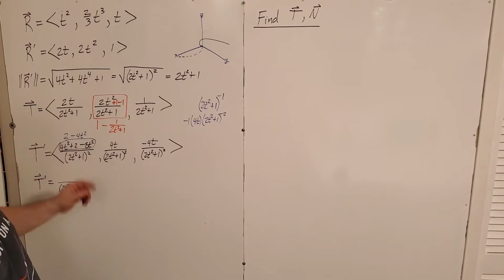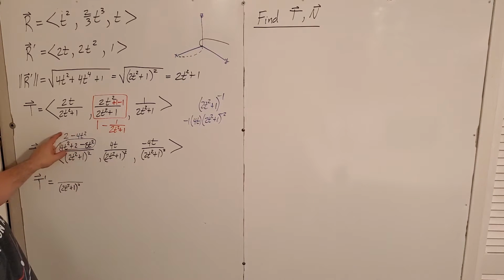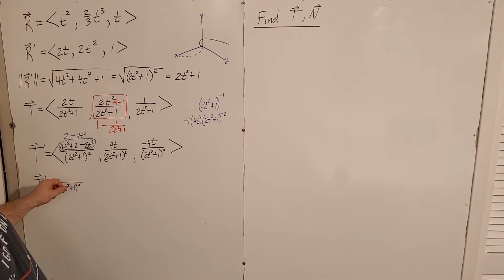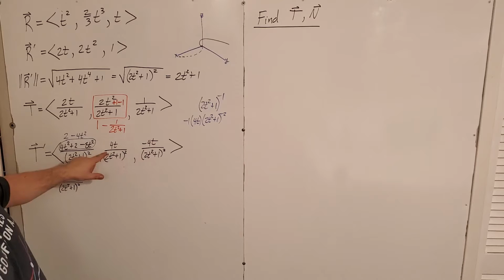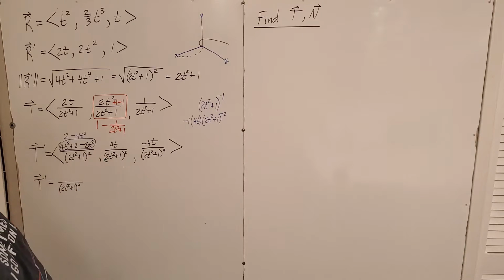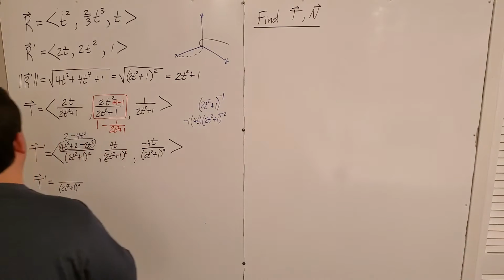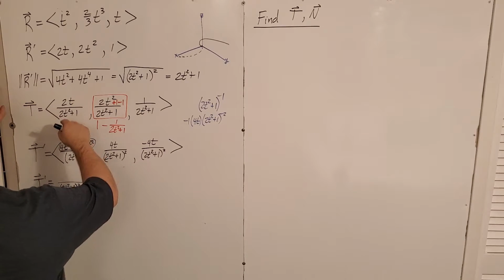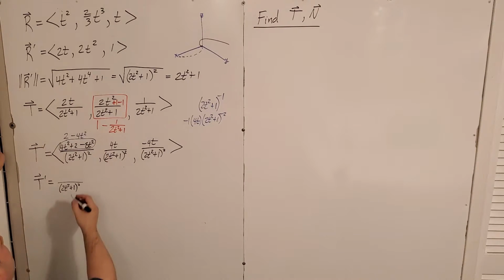Also note, I can get a 2 factored out of this, and I can also get a 2 factored out of these two as well, right? So I'm pulling a 2 right here.